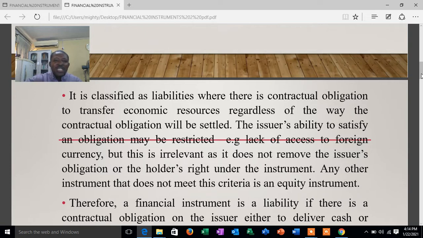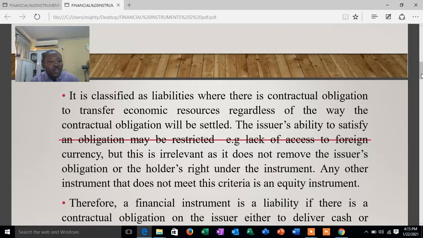So once there is a contractual agreement to transfer resources, then you refer to that as a liability. But on the other hand, if there is no contractual agreement to transfer resources, in as much as money is not leaving you, cash is not leaving you, or equity share of another entity is not leaving you, then you regard that as simply equity.